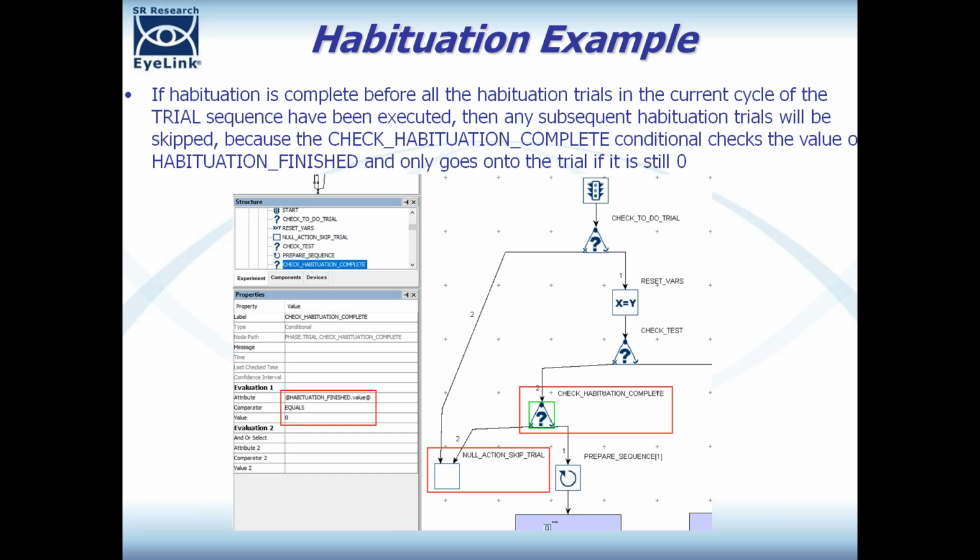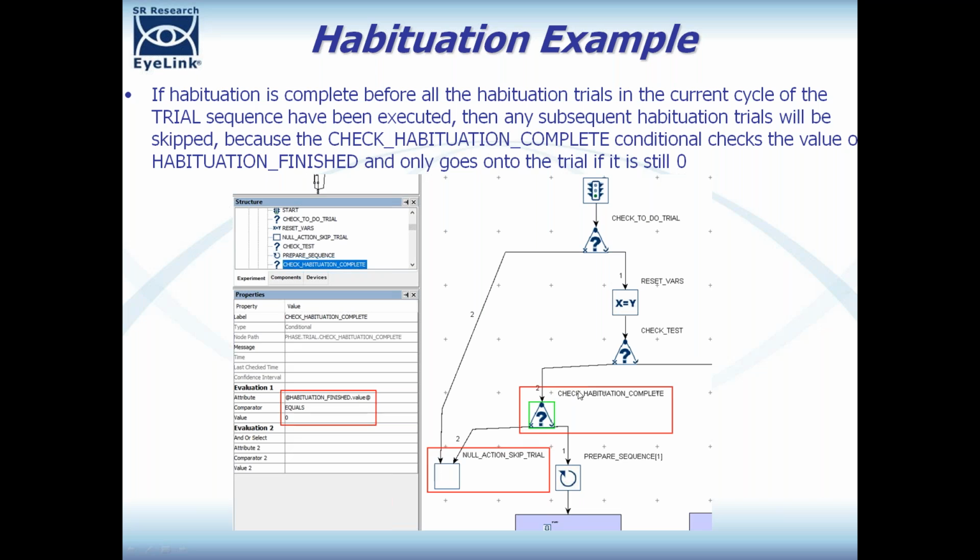And if we have done 2 sets of 3 and now we're on the 3rd set of 3 and we've completed maybe only 1 of those trials, but we have met the habituation criteria, then we want to make sure to skip any further habituation trials that are in our current set of the trial sequence.